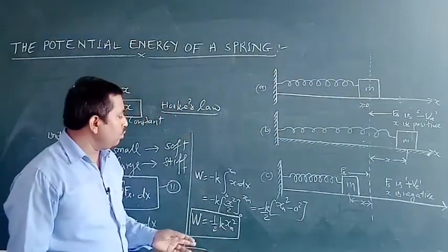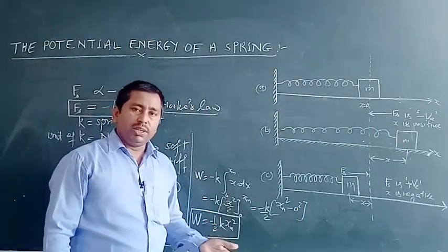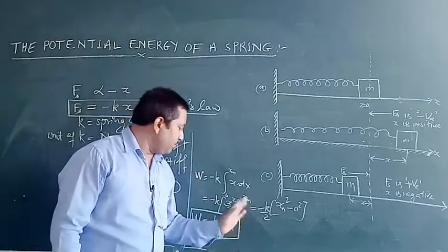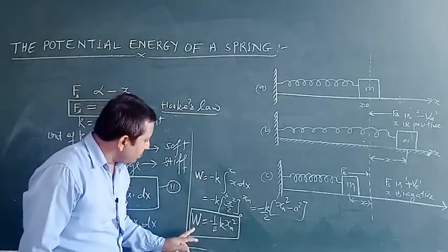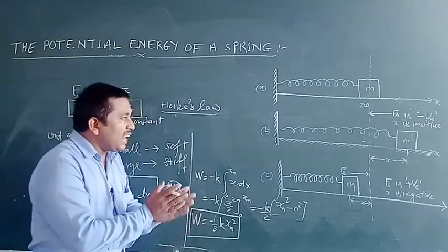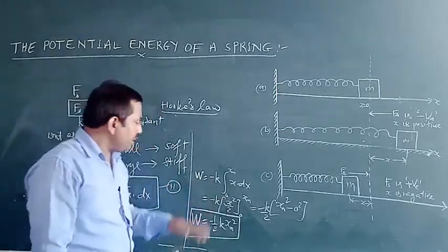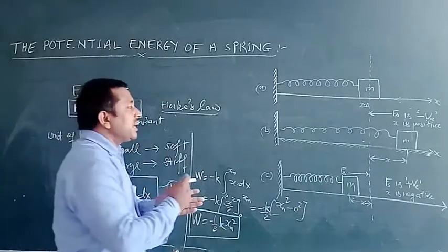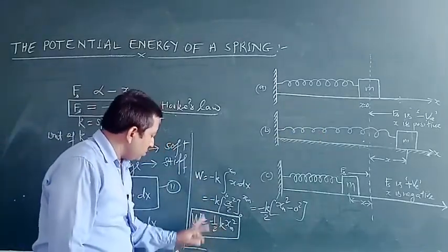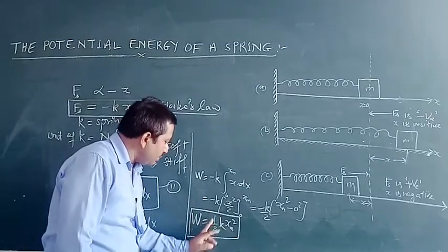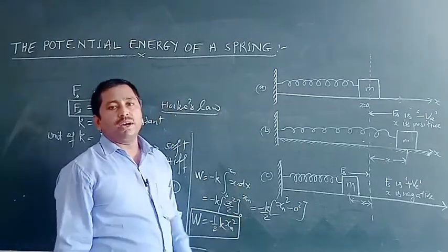So if we put the value of cos 180 degrees, then we also get minus 1. So from here we can say that the amount of work done to elongate any spring from its mean position to its maximum extent, that will be xm, W is equal to minus half of k xm square.